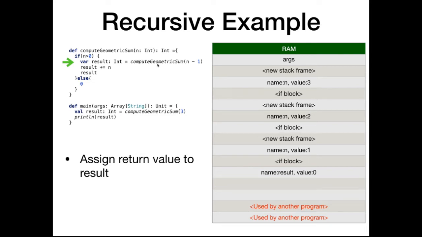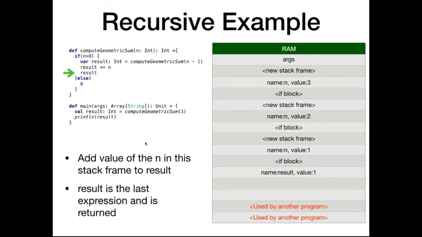So now we have that value 0 in result, and we can continue execution on this stack frame. We get to the next line, we're going to add n to result, which was 1. So n, we're going to look within this stack frame. Within the if block, we don't find an n. Expand our search to the stack frame, find the n, value 1, 1 plus 0, return 1.